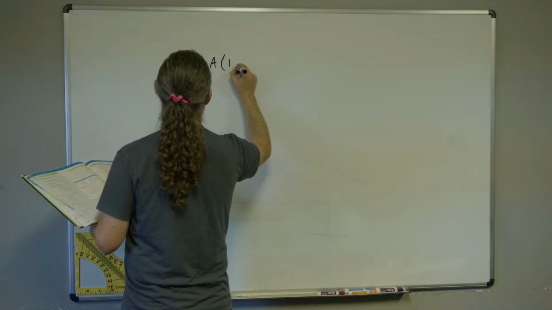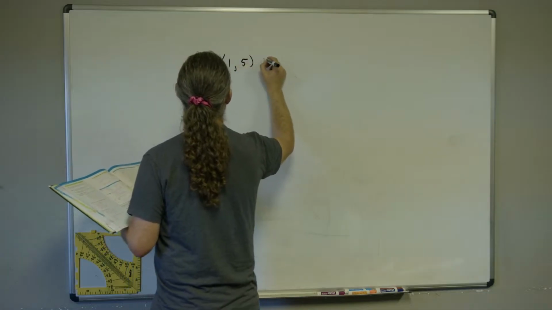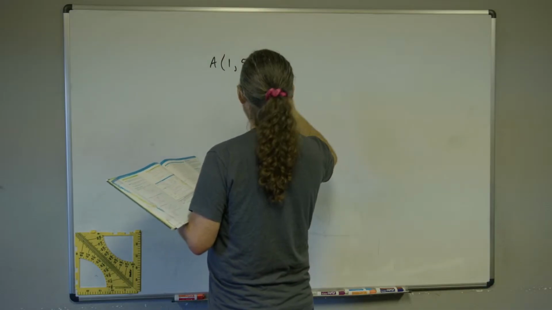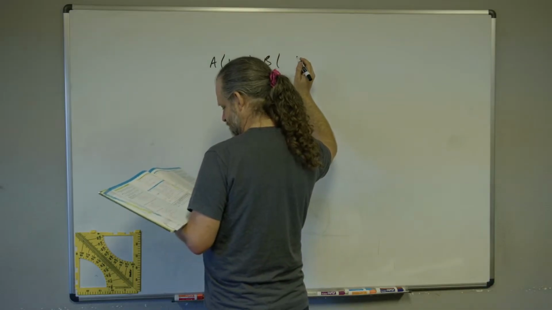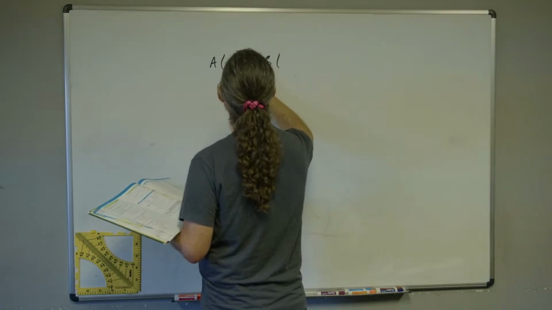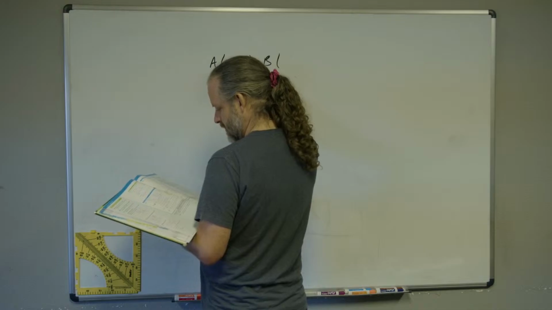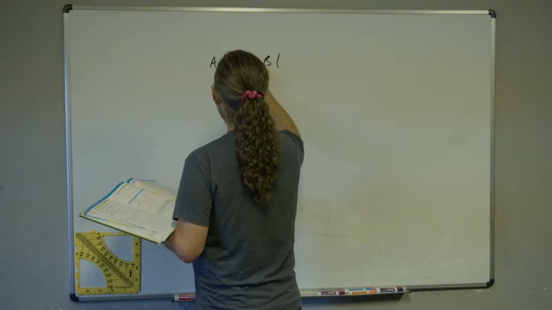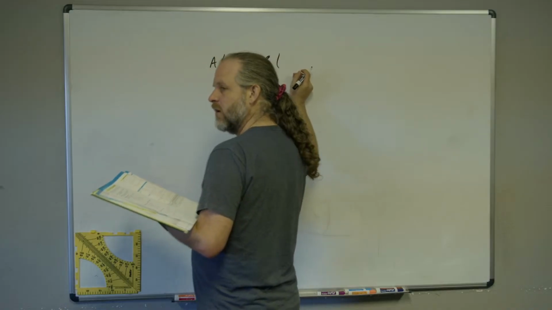What are we looking for about the lines? If they were parallel, what would be true about them? That's true. The lines would be not touching.